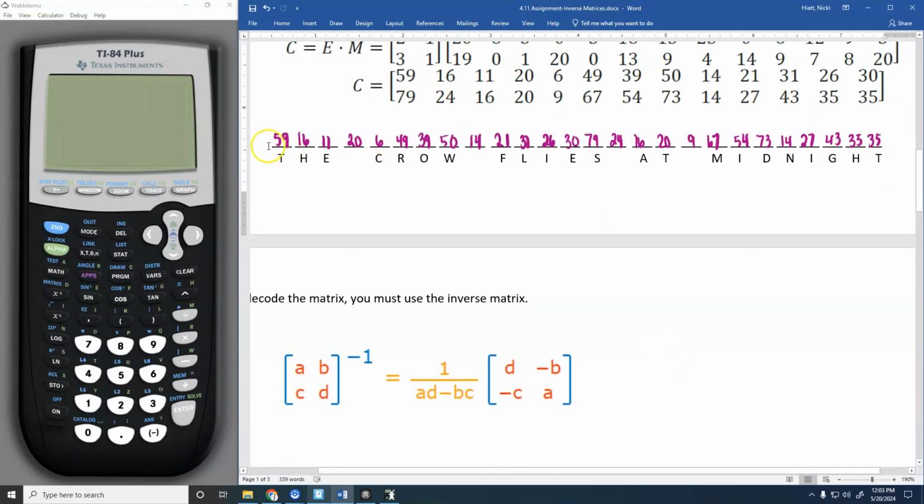So whenever you would send this message, if I wrote down 59, 16, 11, 20, and sent it to Isabella, she would need to know how to undo the code. Because as it is right now, she's not going to be able to figure it out unless she knows the decryption matrix for it.